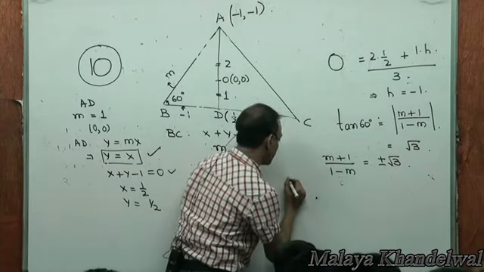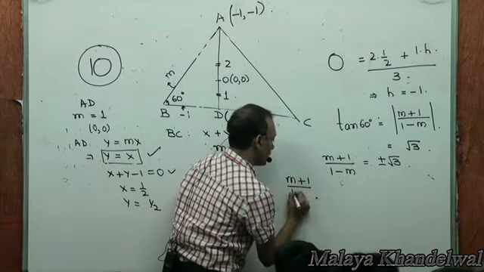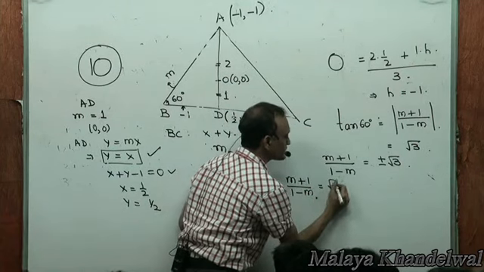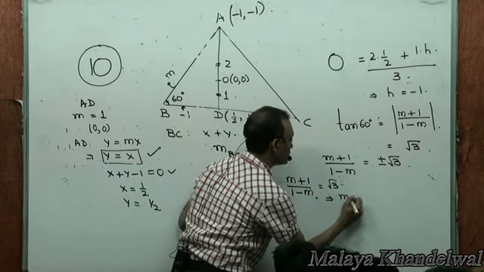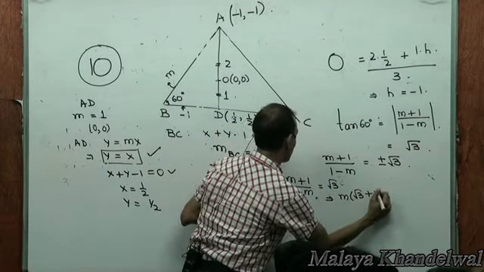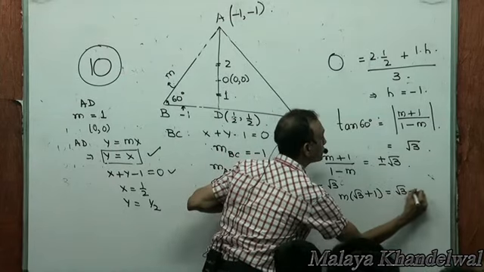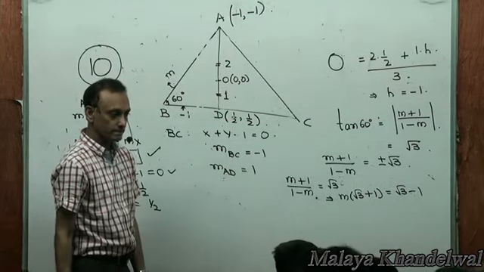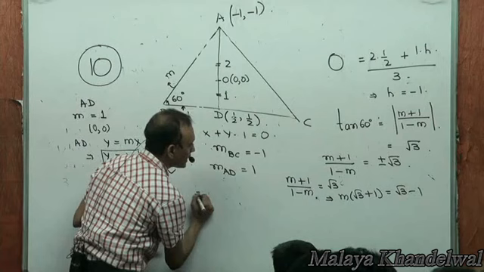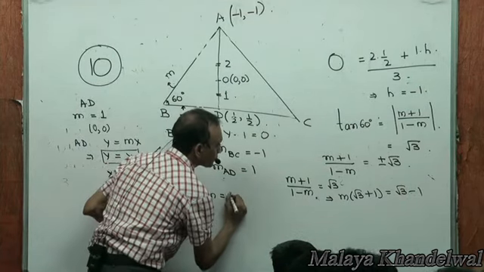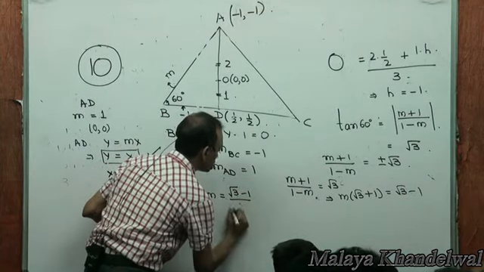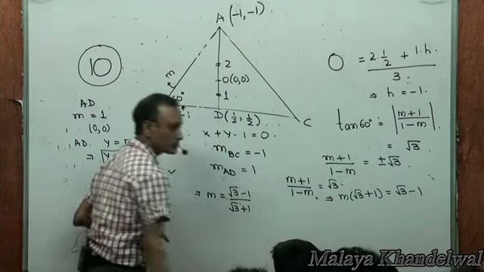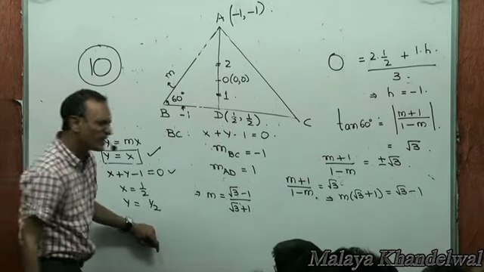One possibility, if I take M plus 1 by 1 minus M as √3, say, I get M into √3 plus 1 equals √3 minus 1. Right? This gives me M equal to √3 minus 1 by √3 plus 1. I can rationalize if I like.